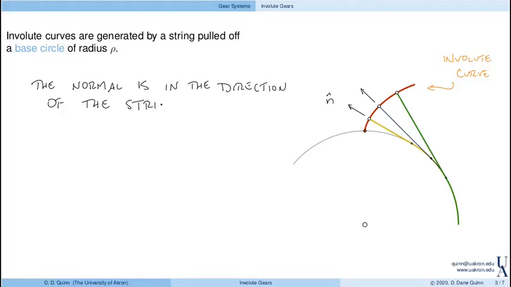It's always going to be tangent to the base circle. And this base circle has radius rho.